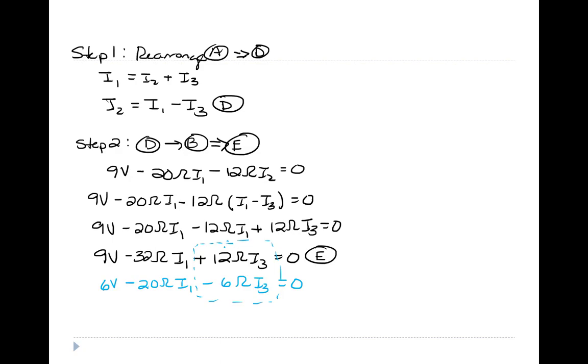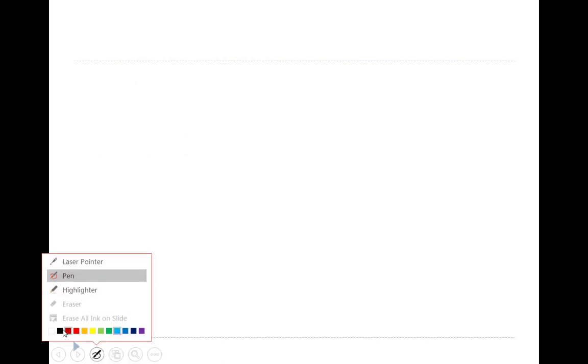So what am I going to do? For step 3, oh, I circled the 3 there. Not sure why. Okay, for step 3, I'm going to take equation C and multiply it by 2. Why am I multiplying it by 2? Because I want that 6 to be a 12.